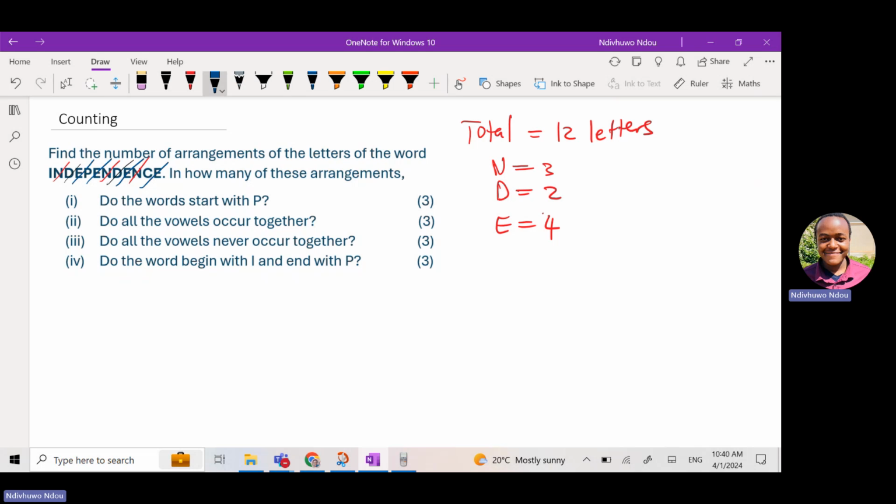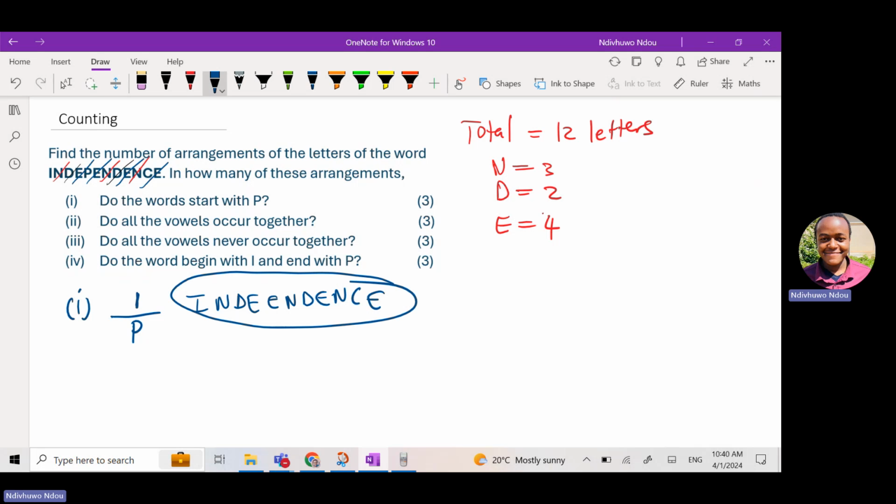How many words can we form that start with P? If we start with P in the first position, there's only one way to do that, because it's fixed. Then the rest of the letters, I, N, D, E, N, D, E, N, C, E, can be arranged any way.